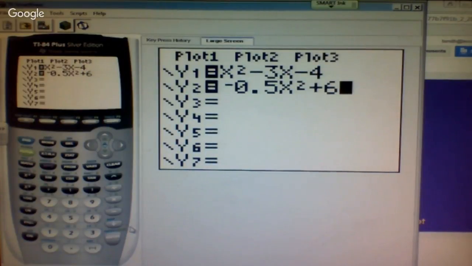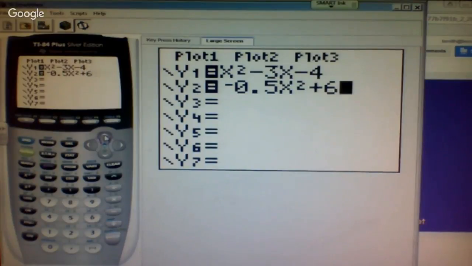Stay on your y equals screen once you have that. Don't move, because you now are going to tell your calculator how to shade. Your first equation, x squared minus 3x minus 4. What is my inequality symbol there? Greater than. So that means we shade above or below? Above.